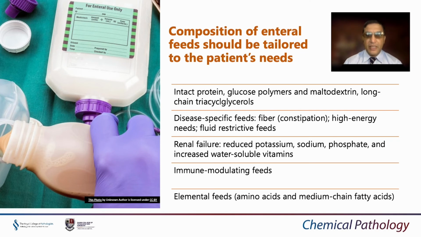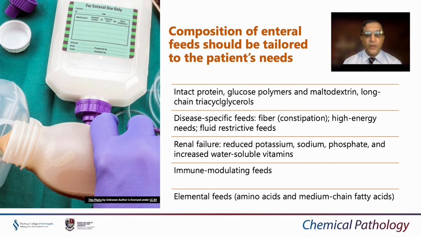However, disease-specific feeds can be introduced or be used as complements to cater better to the patient's needs. For example, the introduction of fiber to improve constipation, increasing total amount of energy for patients who are high energy requiring, and restricting fluid within the enteral feed for patients that need fluid restriction.